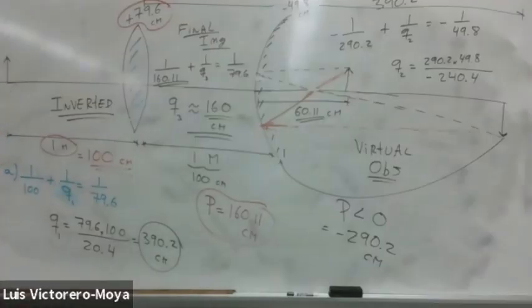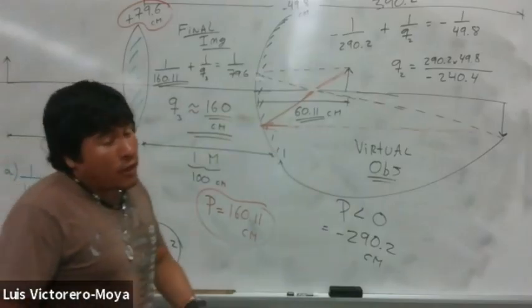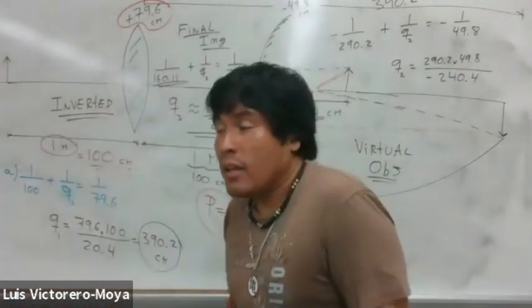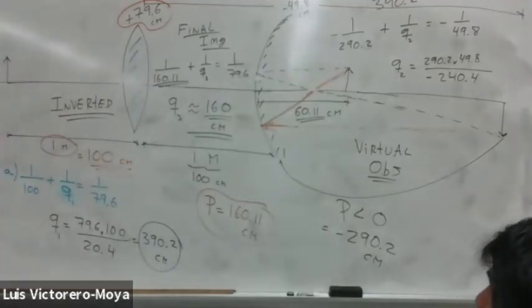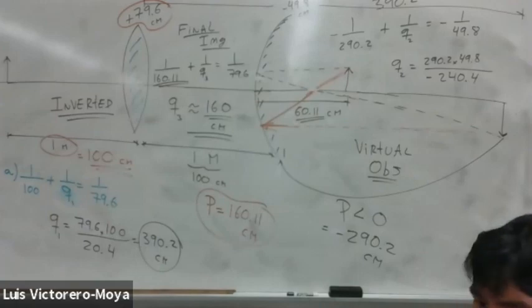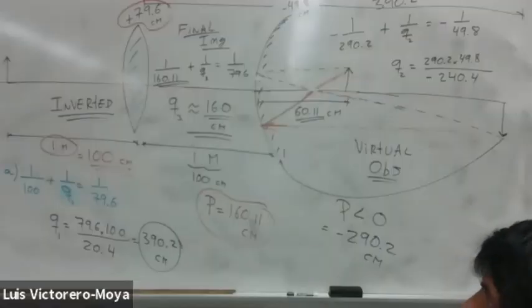So this will be the hardest type of problem you can see because you are combining two different objects. You are not combining two lenses. You're combining a lens and a mirror. Can you do this with concave mirrors? No. I tried to repeat the experiment, and concave mirrors give you real images, so you wouldn't see the same.